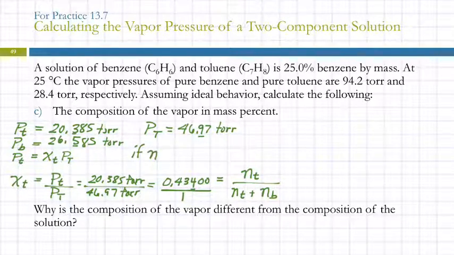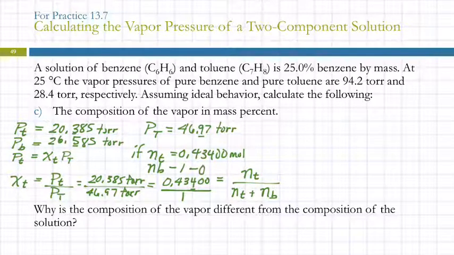So if the moles of toluene equals 0.434, it's not torr, that's moles, then the moles of benzene equal 1 minus 0.434, I'm having trouble today, 0.566.